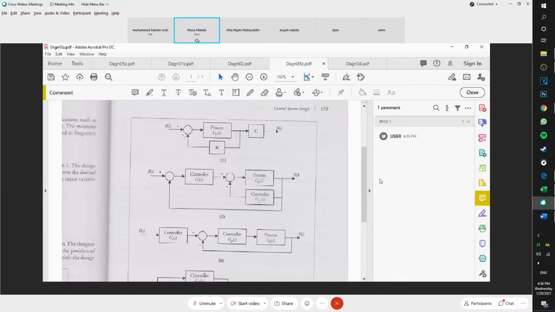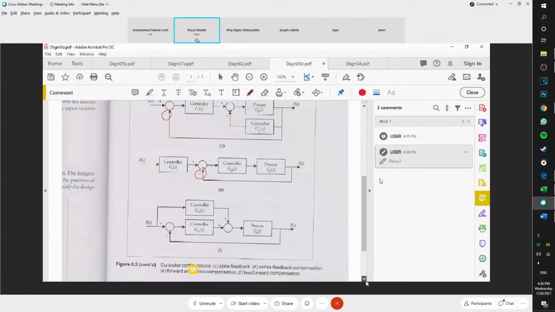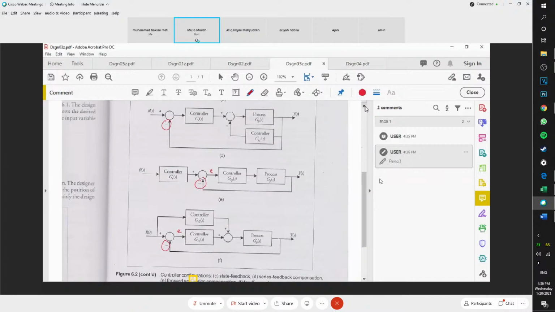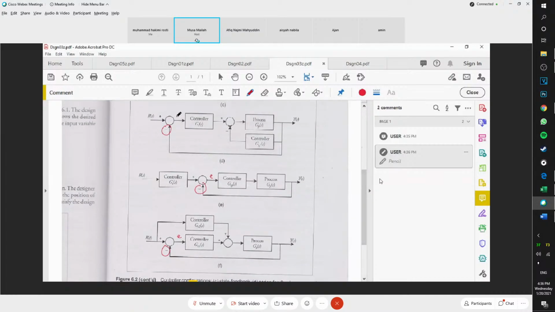So most of the outer loops have negative feedback. Can you see, outer loop? I'm not referring to the second loop or internal loop, but for the outer loop, more often than not, it is negative. The reason is very simple. Why? Because you want to create error, so that this error can be compensated later on by the controller.